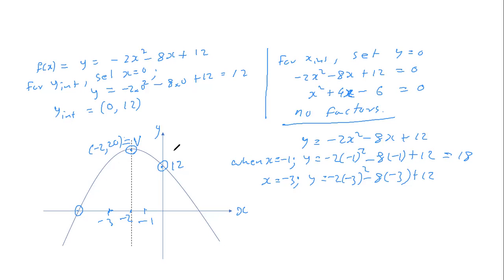By symmetry, it cannot be different, but do this calculation, you should get 18. Therefore, we have coordinates of two other points on the parabola, negative 1, comma 18 and negative 3, comma 18.